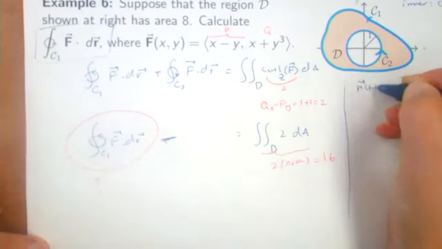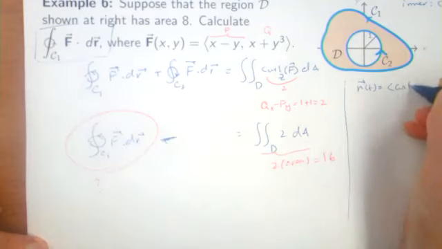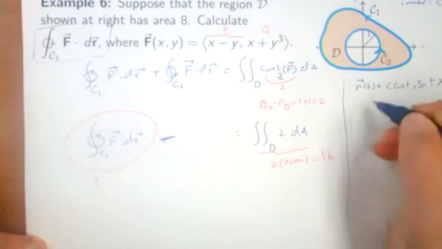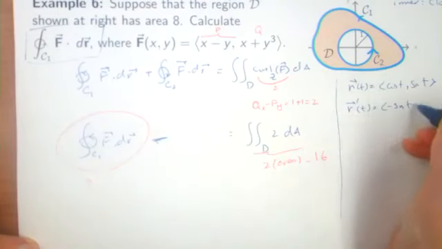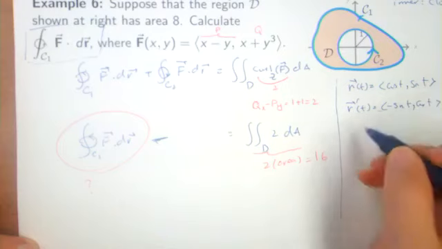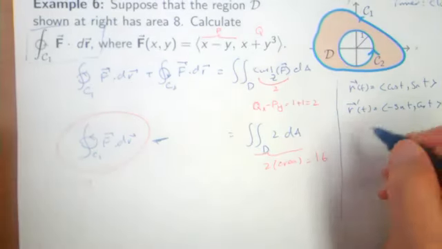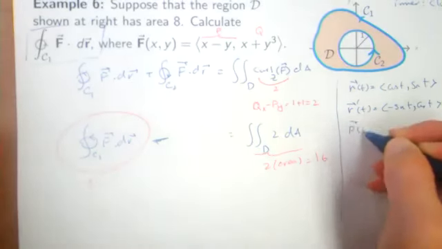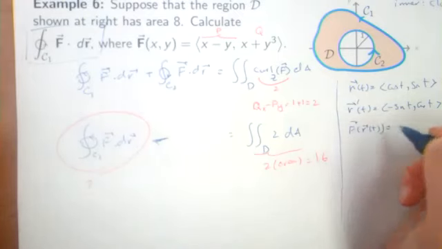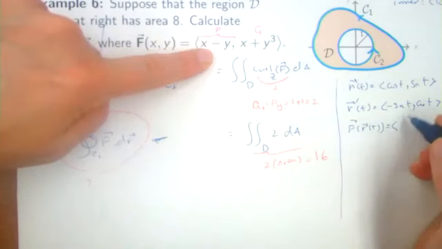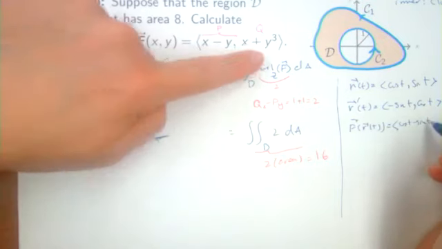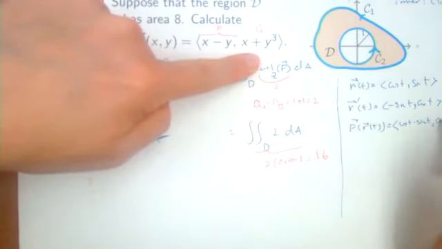So I can do r of t equal to cosine t, sine t, r prime of t equal to negative sine t, cosine t. Then F of r of t is going to be: P of r of t is cosine t minus sine t, Q of r of t is cosine t plus sine cubed t.